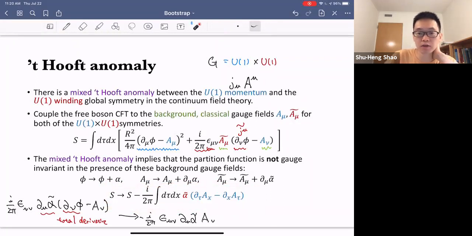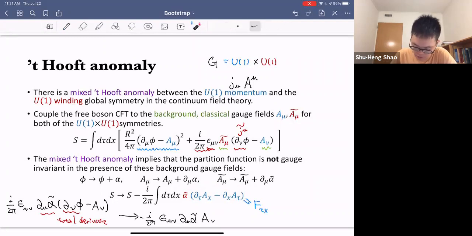Is everything clear at this point? I think this is one of the simplest calculations to show that there is a mixed anomaly. So what have we learned? We learned that this is nothing but the field strength of the U1 momentum background gauge field.